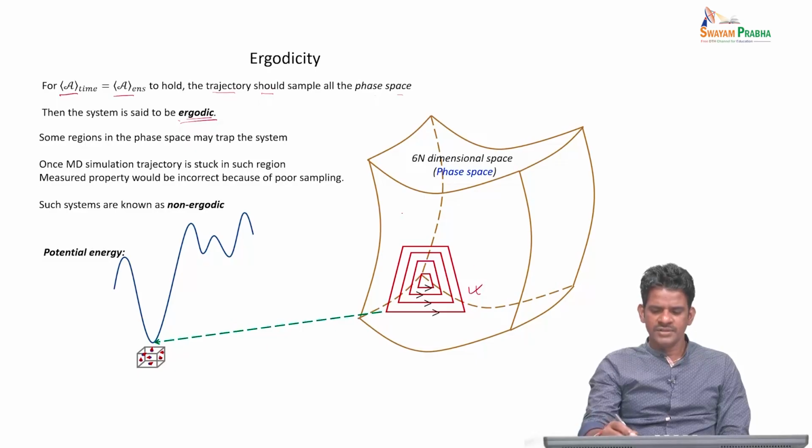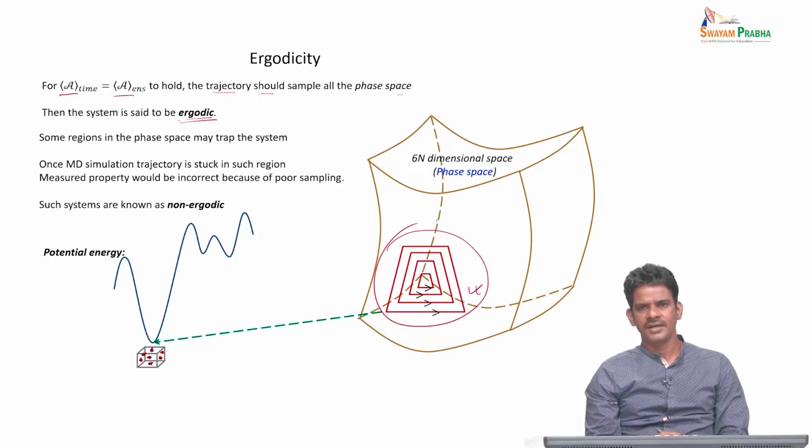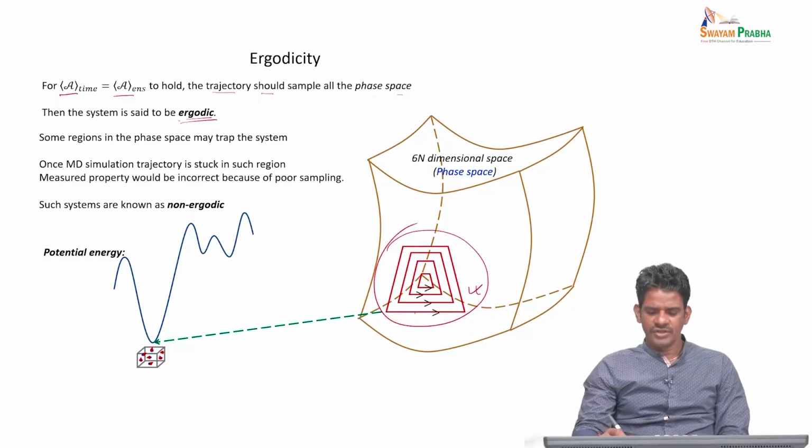You ideally want the system to go through the entire phase space, but sometimes there can be a local region where the trajectory gets trapped and goes about in a very local place like this. If you take microstates from this trajectory and estimate time averages, you will see that it is not going to be a correct value, and it cannot be compared with the experimental system.